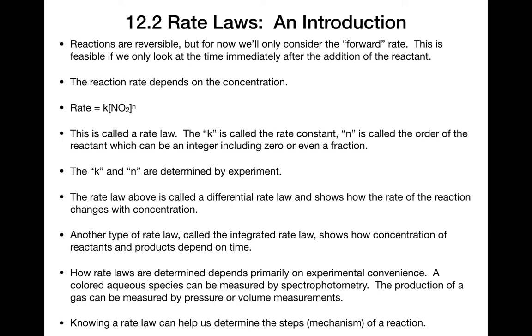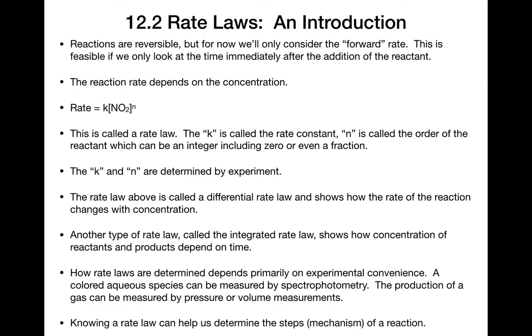Now, how we're going to determine these rate laws depends primarily on experimental convenience. Let's say you had something that was aqueous and had a color. Well, you can measure that with spectrophotometry. Maybe you have a gas that is produced or used up. In the case of this reaction we're talking about, NO2 is a gas, and NO is a gas, and O2 is a gas.